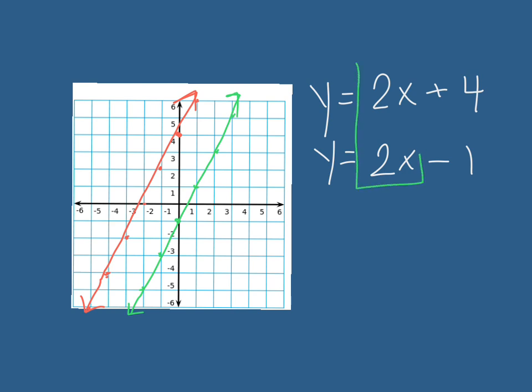They have the same slope, which means that they are parallel. And if they're parallel, this means that they will never meet. And if they never meet, that means there is no solution.